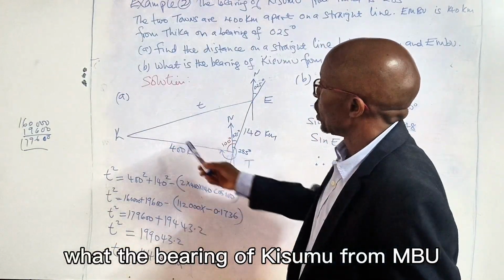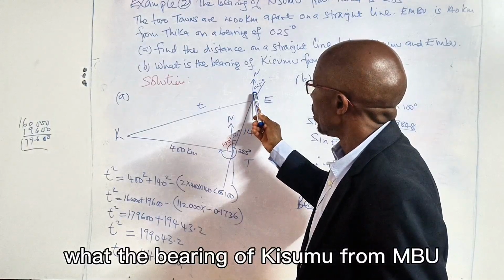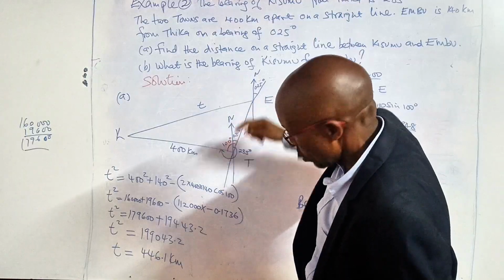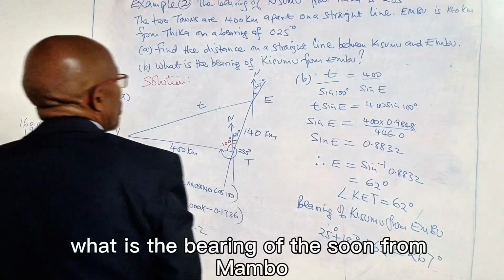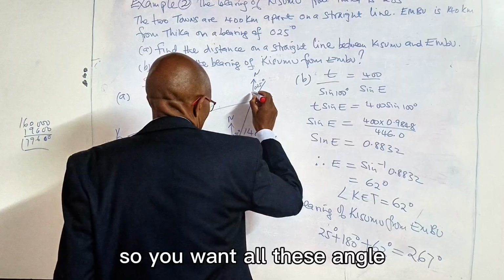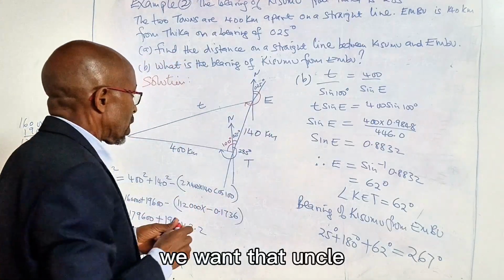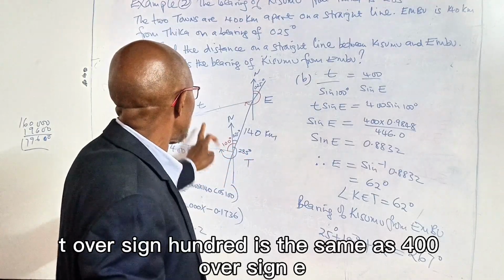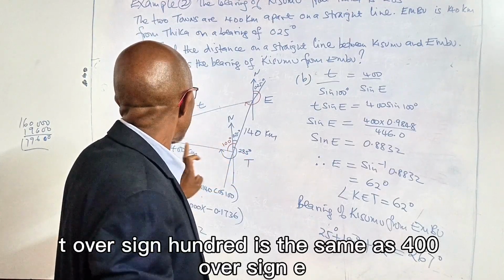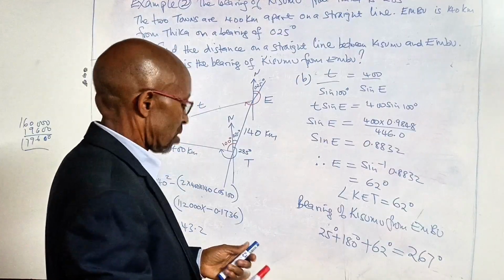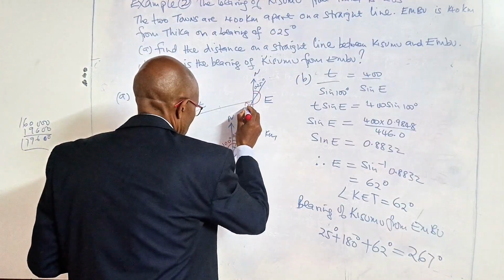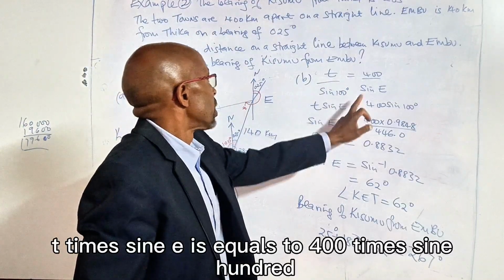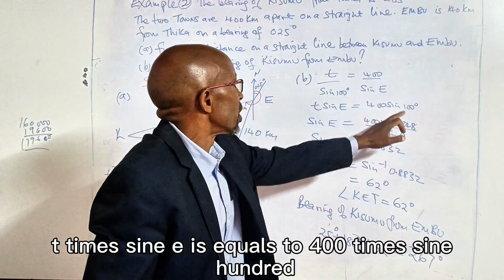The bearing of Kisumu from Embu. We want the bearing of Kisumu from Embu, so it will be all these angles. We want this angle. t over sine 100 is the same as 400 over sine E. t times sine E is equal to 400 times sine 100.